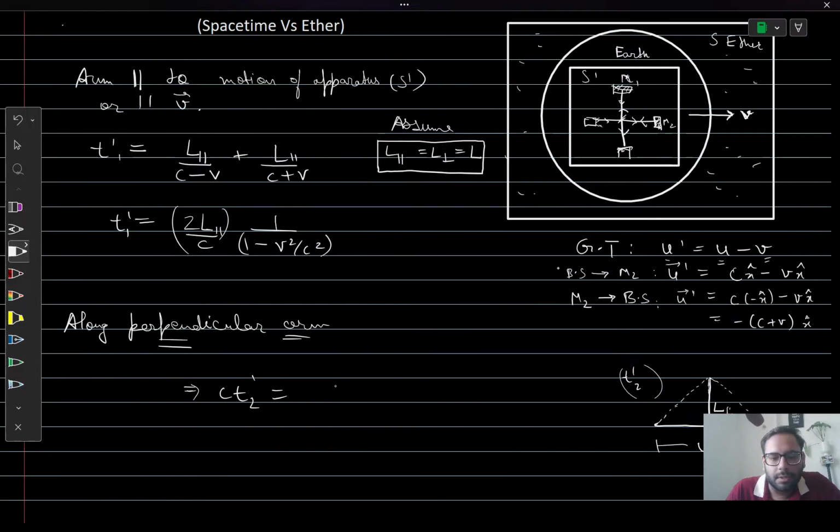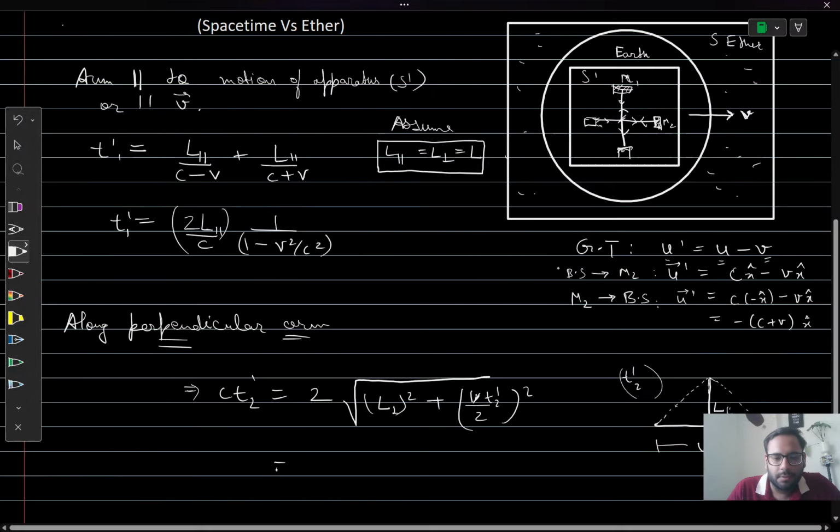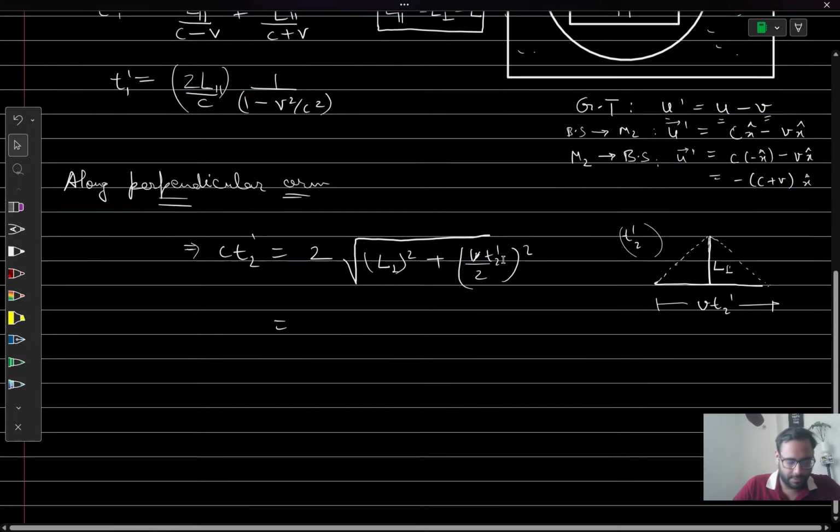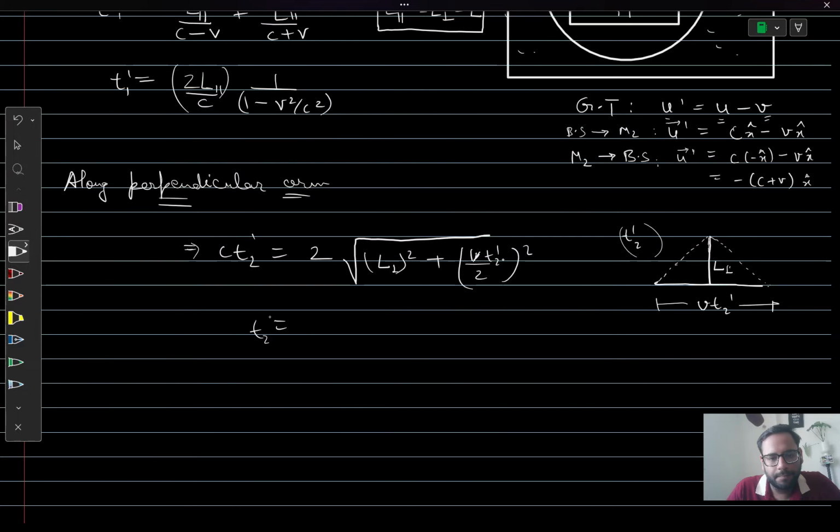The whole distance covered by the light will be twice this hypotenuse, and it will be L perpendicular squared plus (v t2 prime by 2) whole squared. You can calculate this, and you will find that t2 prime comes out to be 2L perpendicular by c, times 1 minus v square by c square.